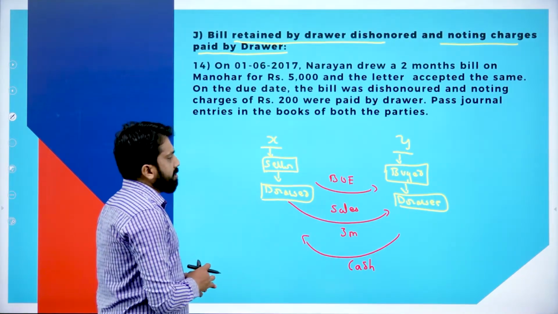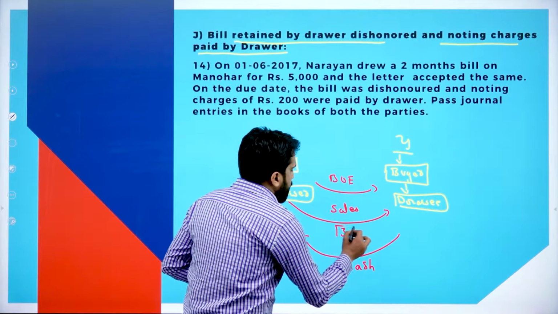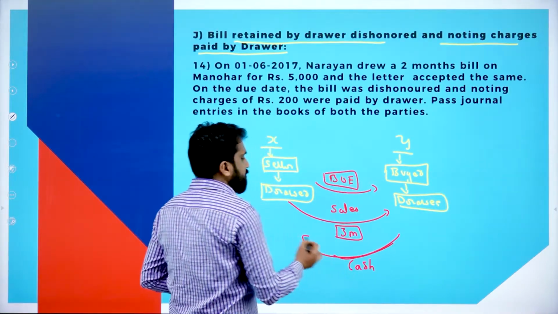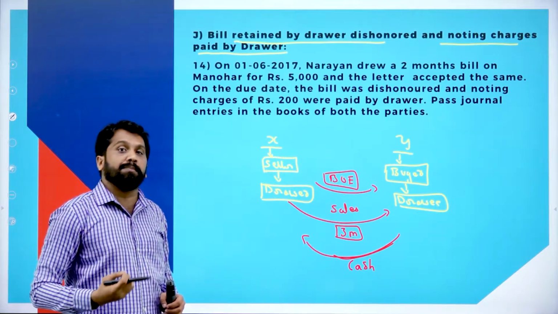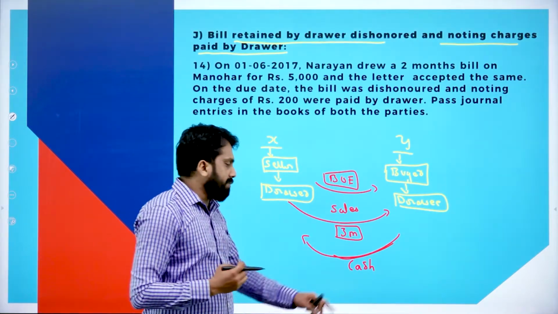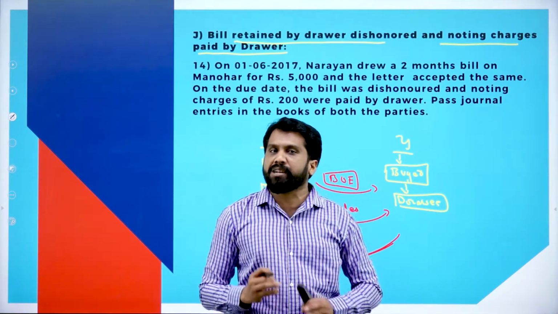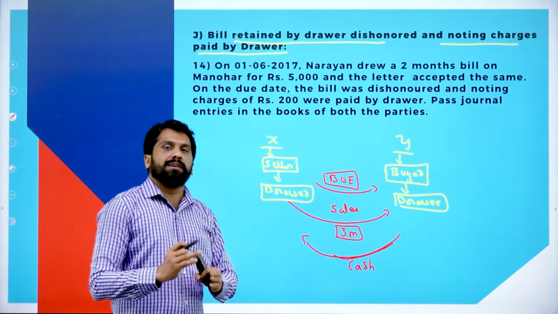Now, after 3 months, whatever document he has given, say he gave a check, it is bounced. Whatever check he has given is not encashed. Encashed means which is bounced.